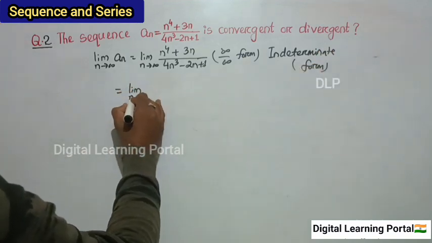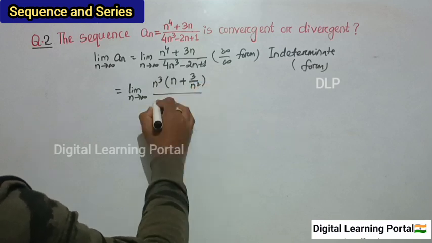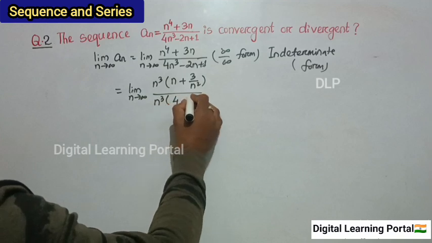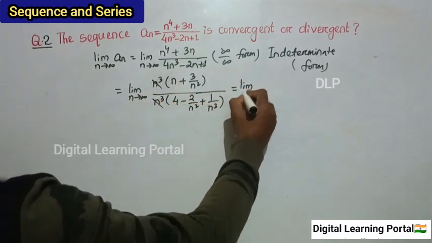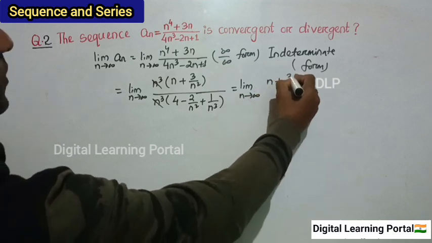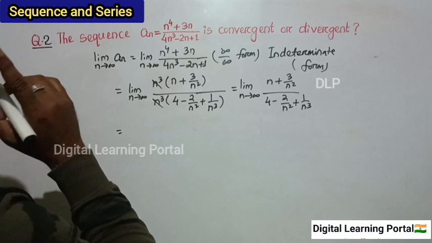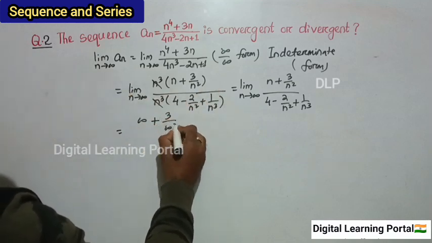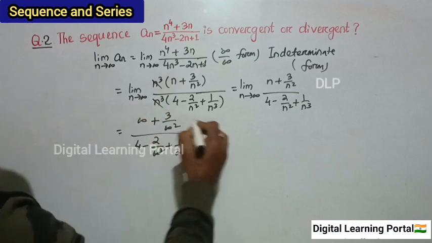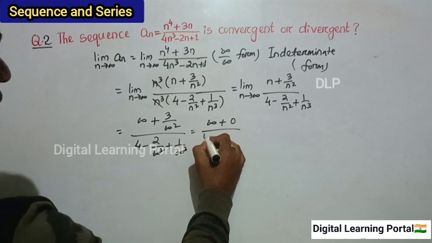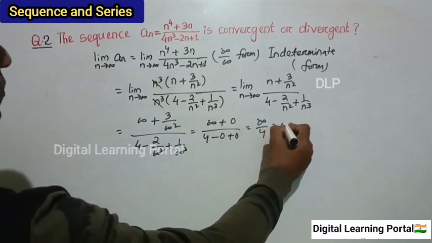So here we take n cube common. We can write (n + 3/n^2) divided by (4 - 2/n^2 + 1/n^3), so n cube cancels out. The limit as n tends to infinity of (n + 3/n^2)/(4 - 2/n^2 + 1/n^3). Putting n as infinity, we get infinity plus 0 divided by 4 minus 0 plus 0, which is infinity by 4, which is equal to infinity.